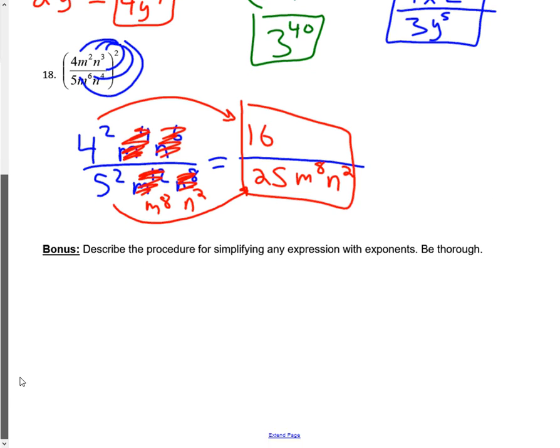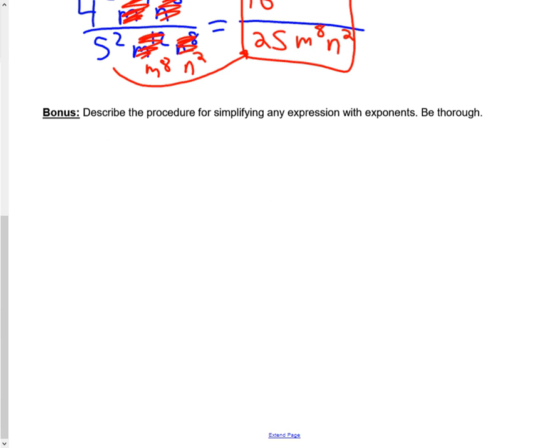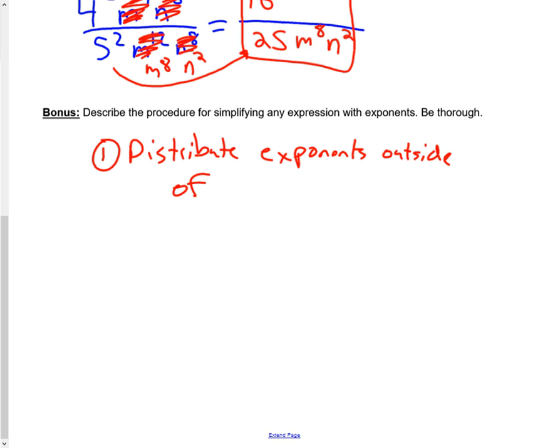So all of what we did, you can put into some steps. I would say you always want to look for distributing first. Distribute exponents outside of parentheses, if you have to.